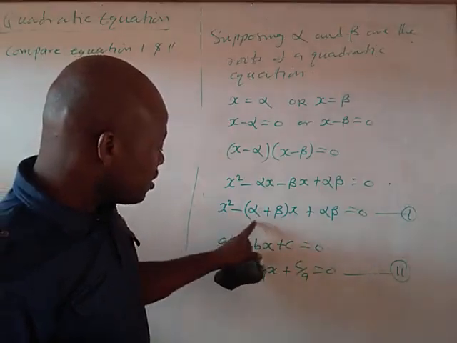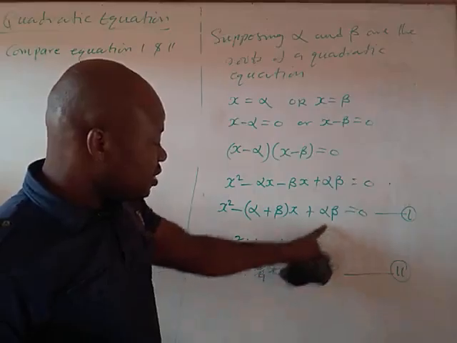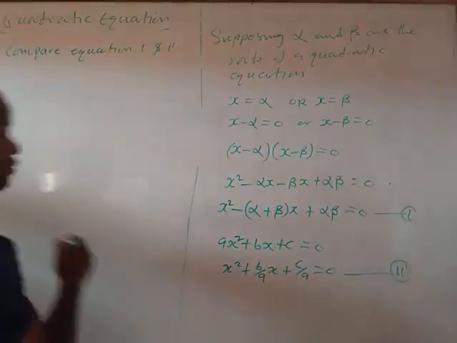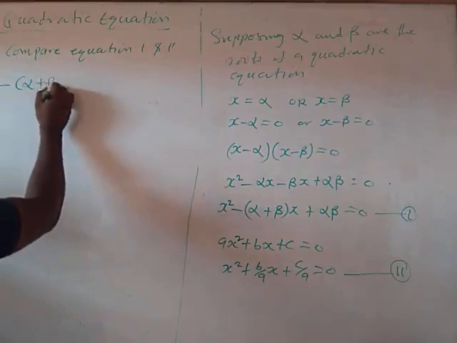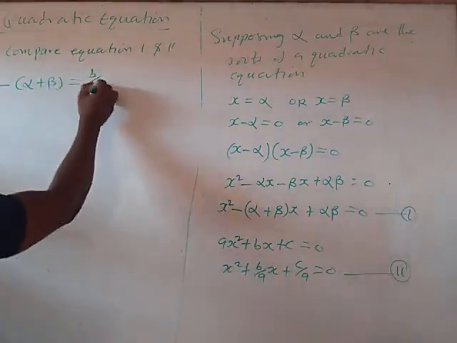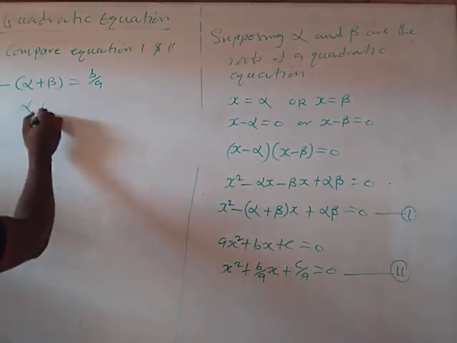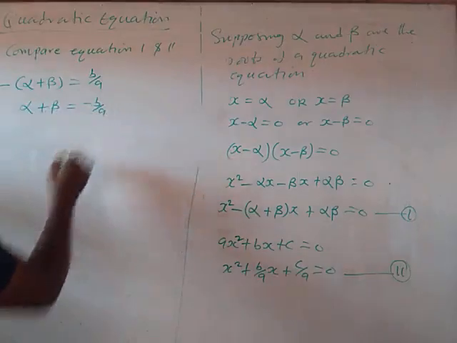B over a here, then minus alpha plus beta. Our c is c over a, alpha beta. Now, we realize that minus alpha plus beta is equal to b over a. Therefore, alpha plus beta is equal to minus b over a.